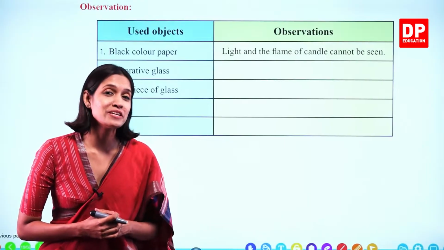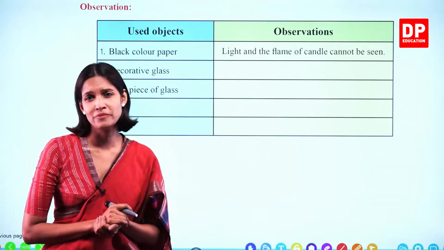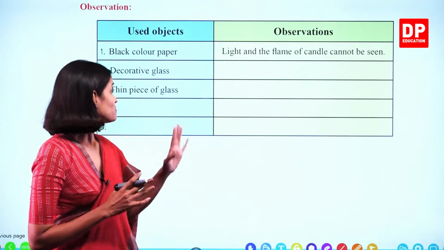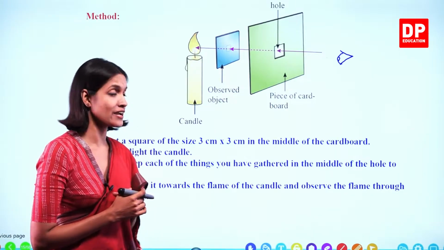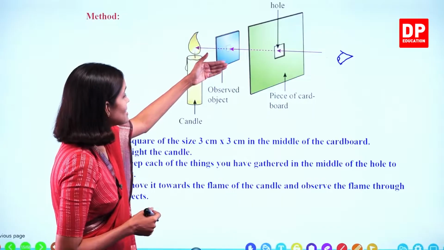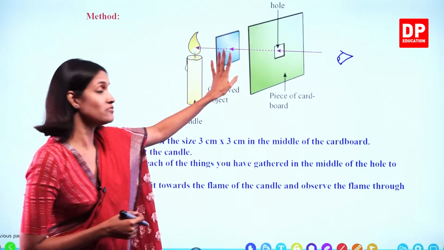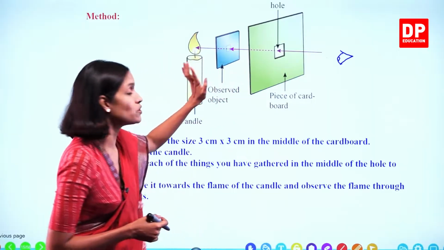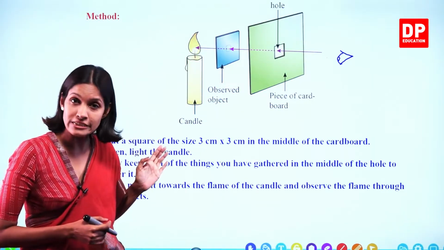So we did the experiment and you observed what happened when I was doing the experiment. So you remember how we did the activity. We placed the different types of materials in between the piece of cardboard and the candle. And what we did was we looked through this hole and we observed whether we can see the candle flame clearly.